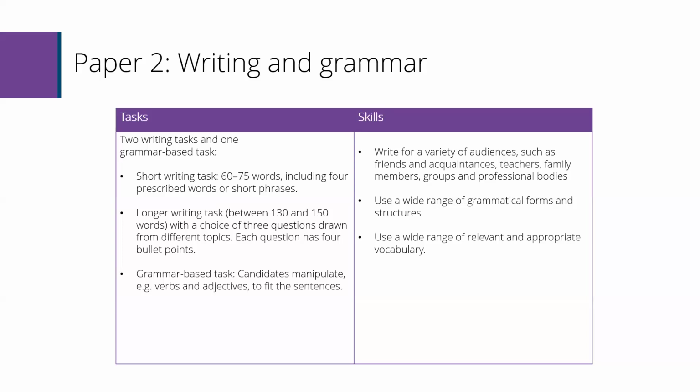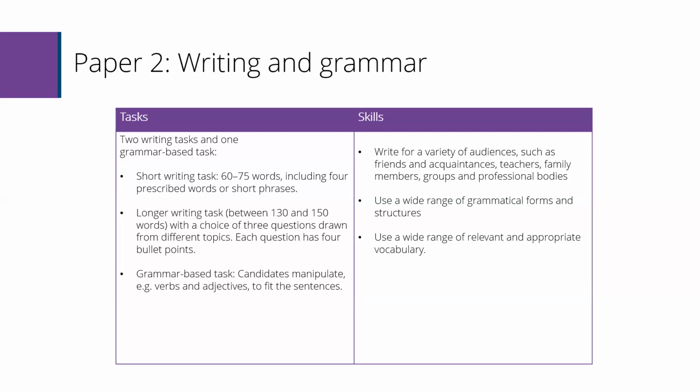So the skills really that are required in this part of the paper are to write for a variety of audiences, such as friends and acquaintances, teachers, family members, groups of professional bodies, to use a wide range of grammatical forms and structures, and to use a wide range of relevant and appropriate vocabulary.